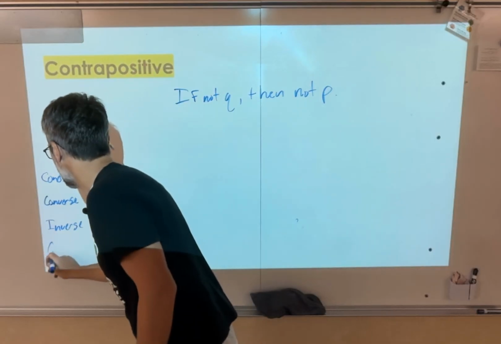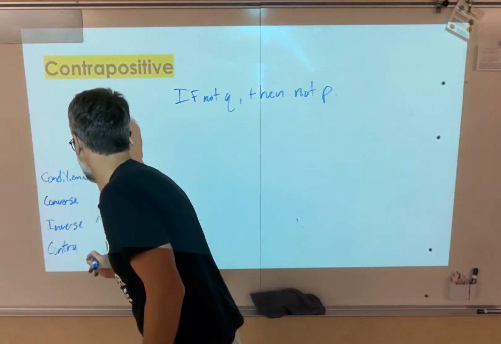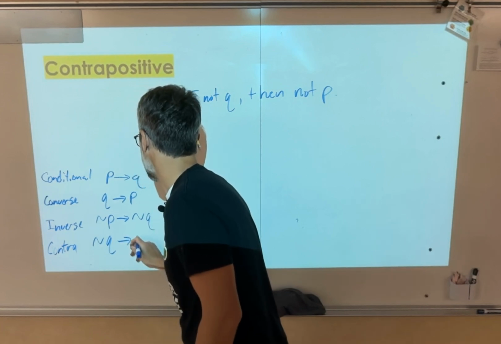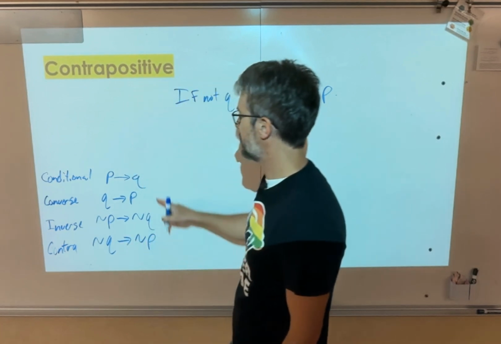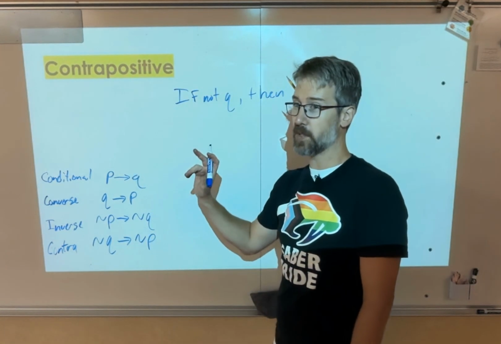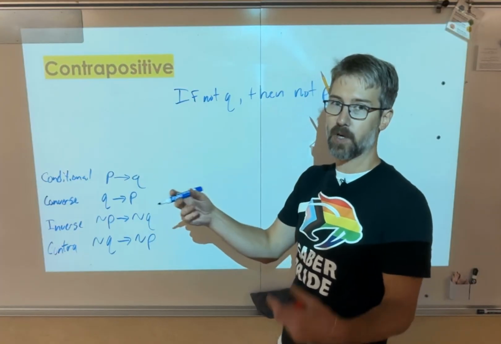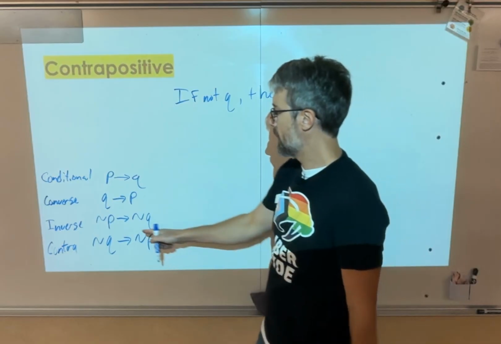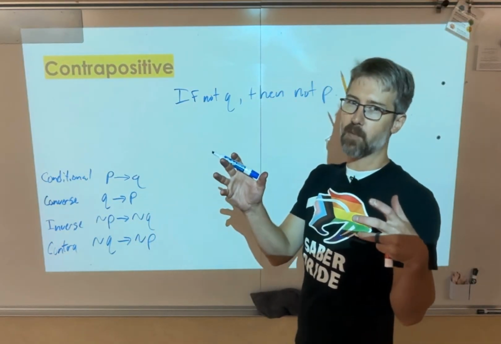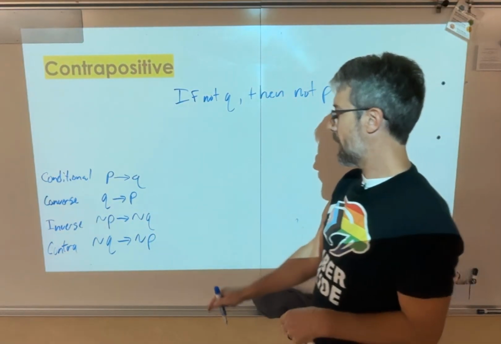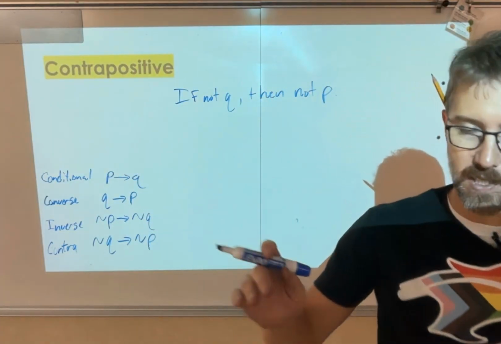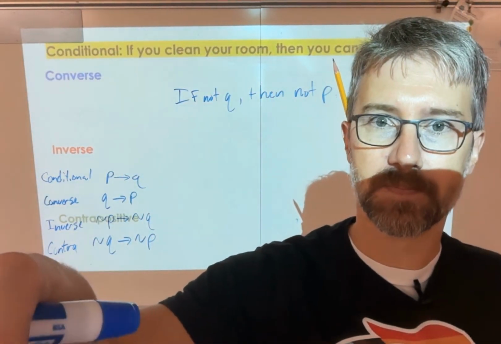So we start out with our conditional. Converse, we just flip them around, right? Trade out the hypothesis and the conclusion. Inverse, we keep them in the same order, but we change them to nots. And then contrapositive, we switch the order and we change them to not statements.